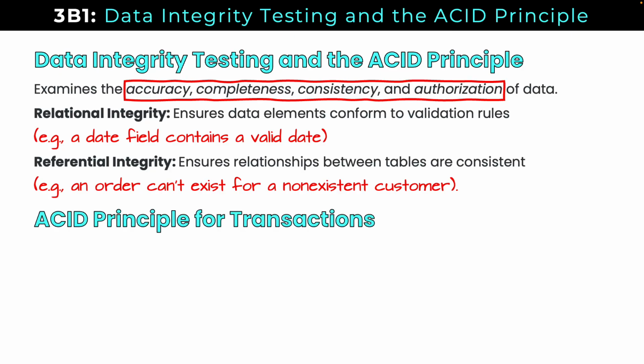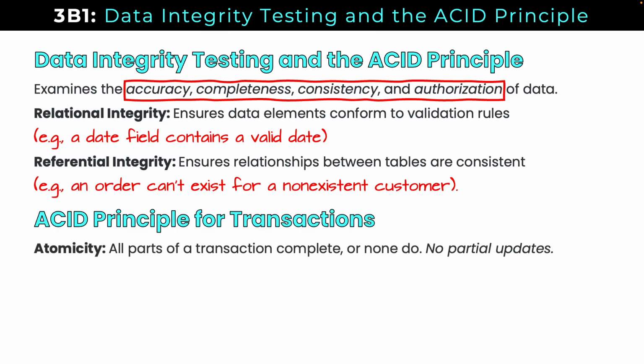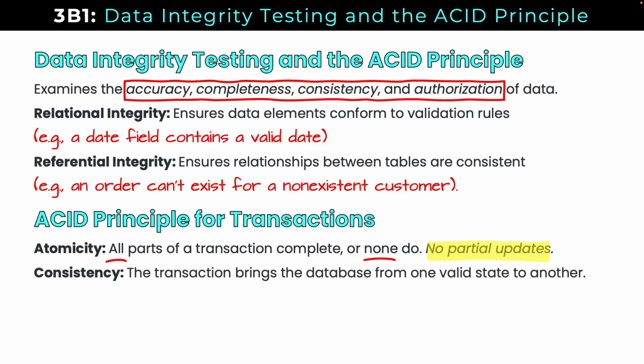The ACID principle speaks to the transaction itself. So there's atomicity, which states all parts of a transaction complete or none do. There are no partial updates. Consistency, where the transaction brings the database from one valid state to another.